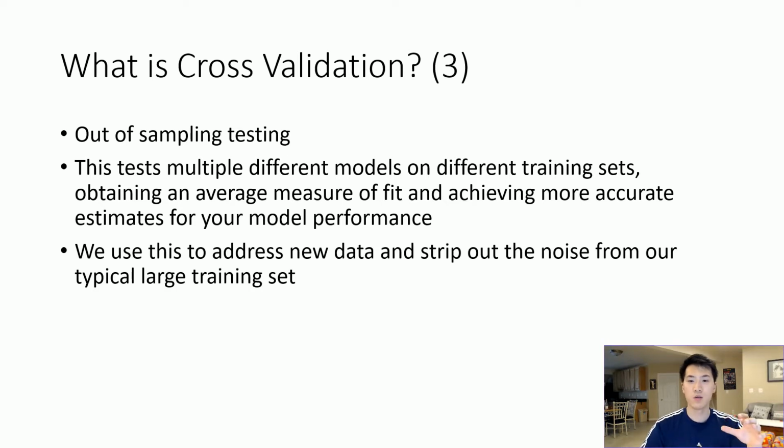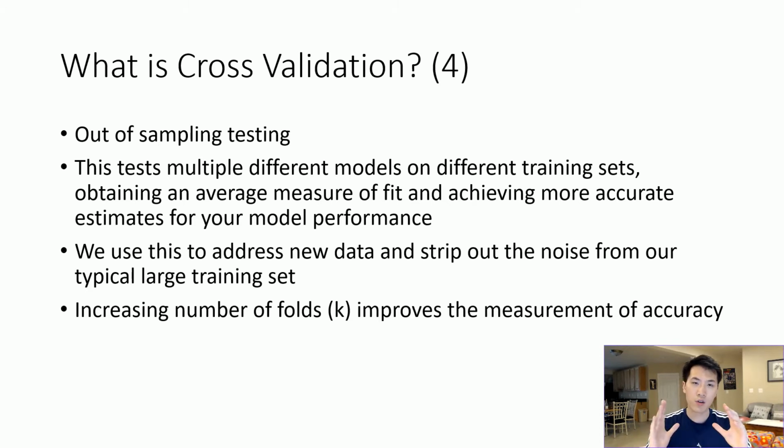We typically use the new data to strip out the noise from our typical overall large data set. So if you were to just train one model on all of your training data, there's bound to be a lot of noise, a lot of bias, selection bias in particular. So we would address this by using more individual observations within our training set, given all of our subsets, so that we can detect more trends and more potential outcomes that may occur throughout the entirety of our data.